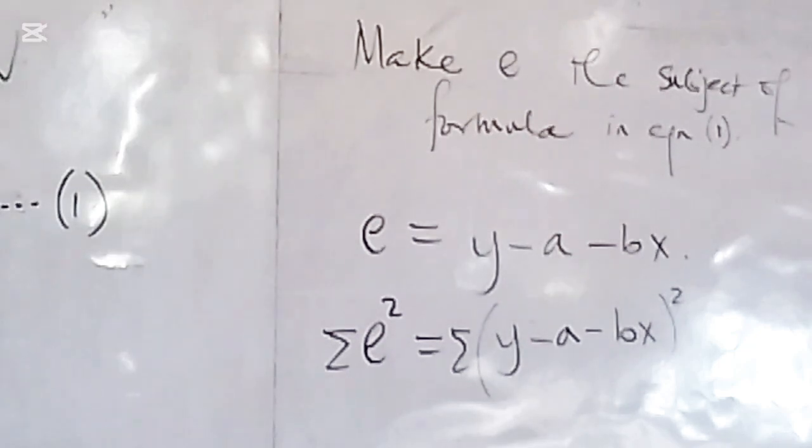First, we make the right hand side and the left hand side raised to power 2. We square both sides and sum them together. It becomes the sum of squares for the error.